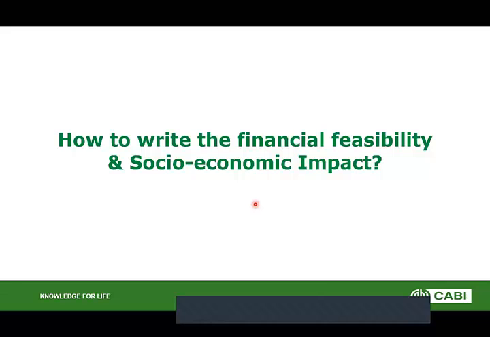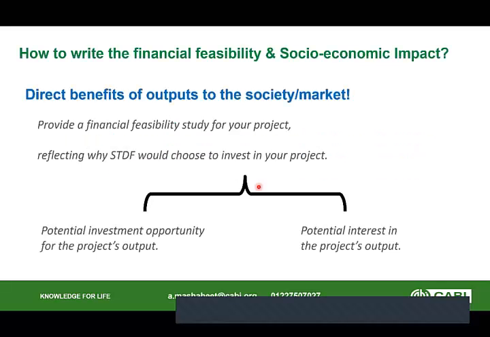If you take a closer look here, you will find that there is a social component to it, not just the economic impact. So in this part, we need to discuss the direct benefits of the outputs to the society and the market.